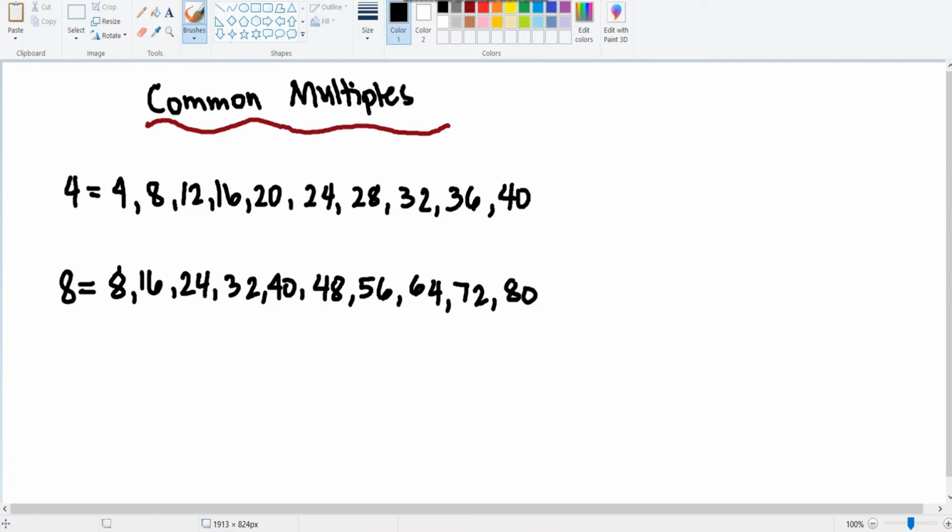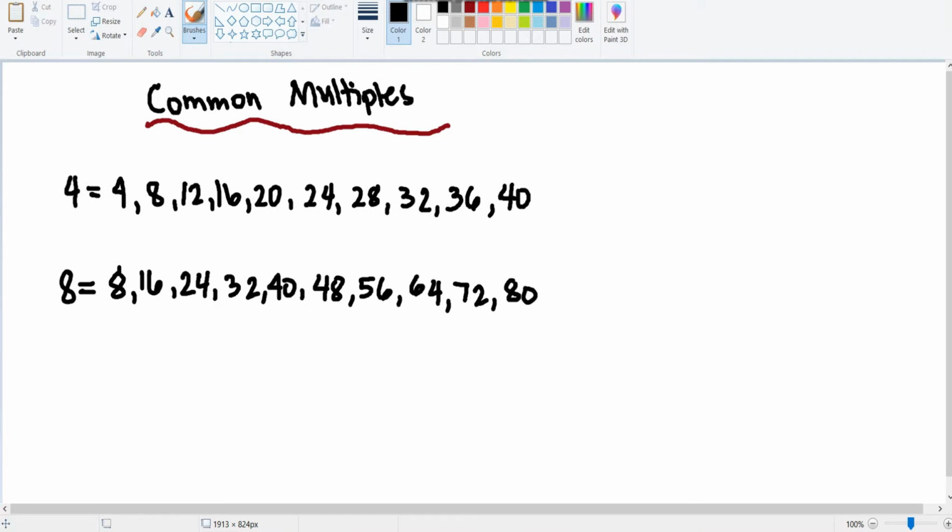So we have 10 multiples also under 8. After we list down all their multiples, it is time for us to identify the common numbers, or the common multiples, that both the given numbers have.